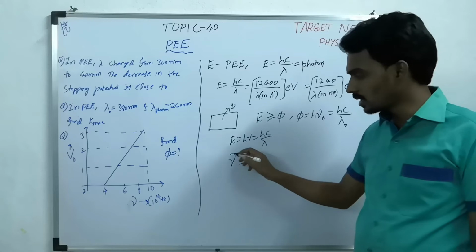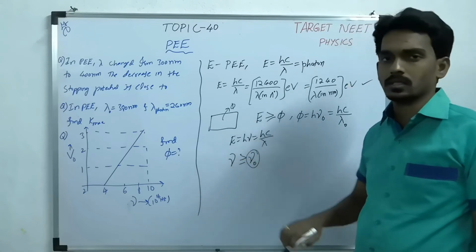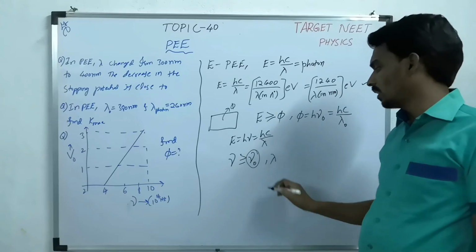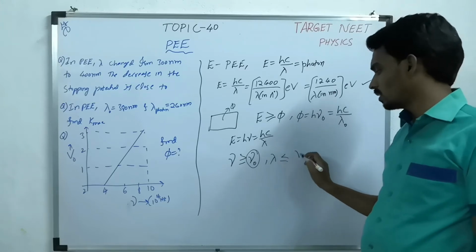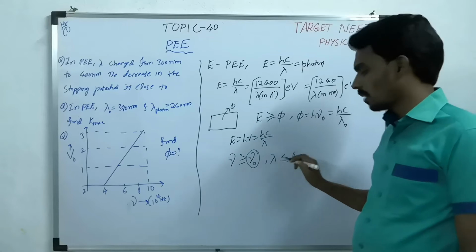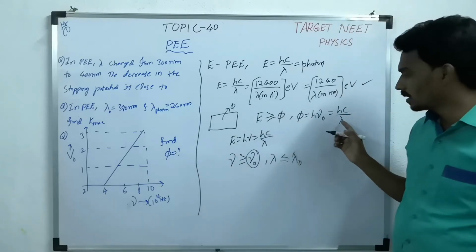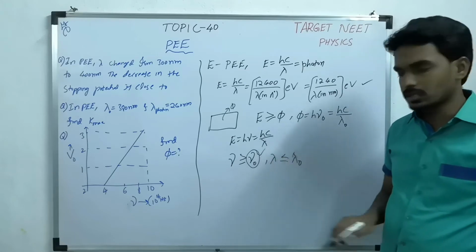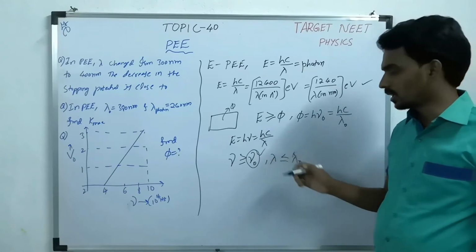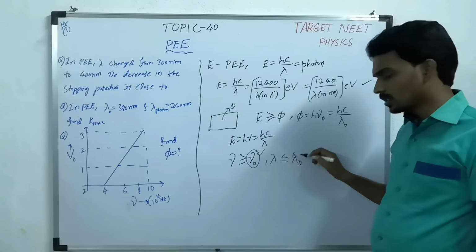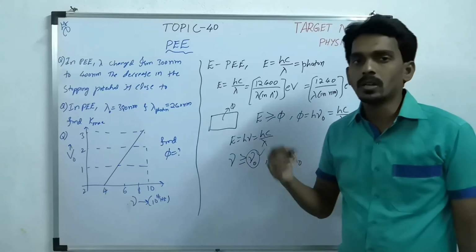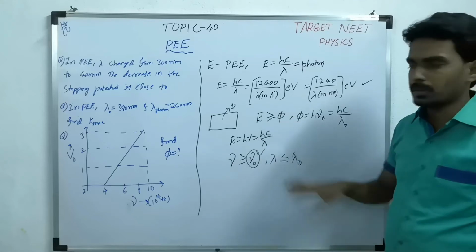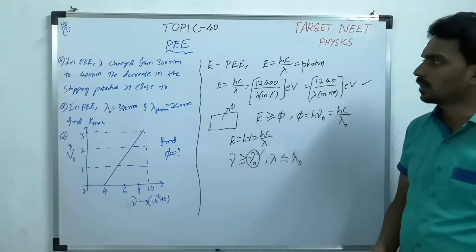But if you consider the wavelength, the wavelength of the photon must be less than or equal to lambda naught, because it is in the denominator. So this is the minimum frequency required to emit the photoelectrons, and this is the maximum wavelength required to emit the photoelectrons. This is the basic data, the basic formulas which are required.